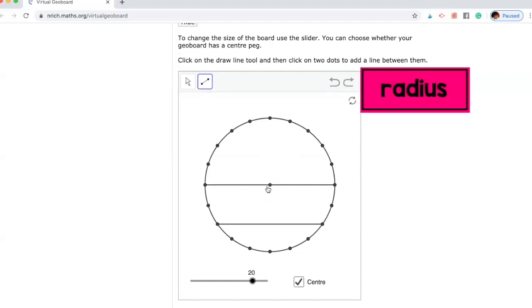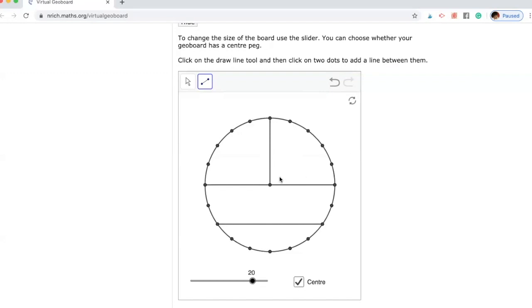The radius starts at the center of our circle and then hits the outside edge of the circle, or the circumference of the circle. One thing you need to note is that if I have a radius here, and I put one going from the center to the outside edge this way, what does that look like to you?